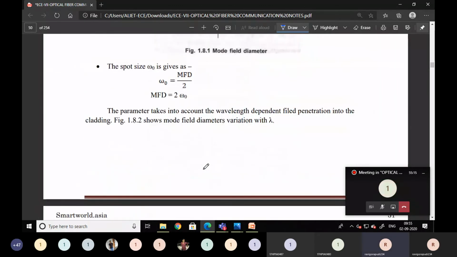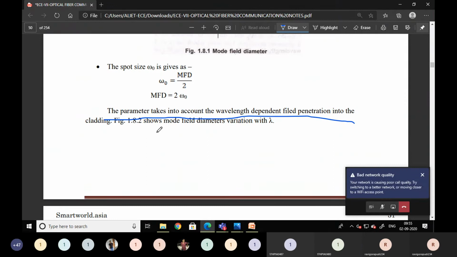This can be taken in some specified conditions. The parameter takes into account the wavelength dependent field penetration into the cladding. This is the main point. Not all times you take this one. The parameter applies when the wavelength dependent field penetrates into the cladding.